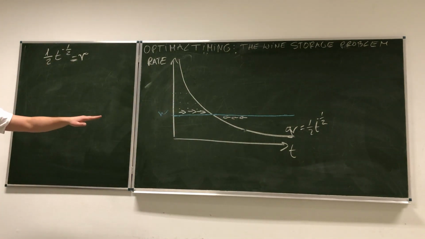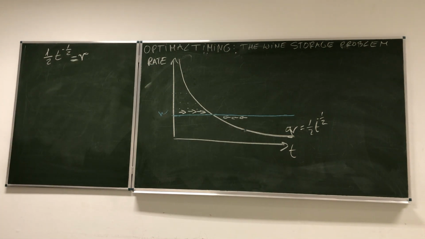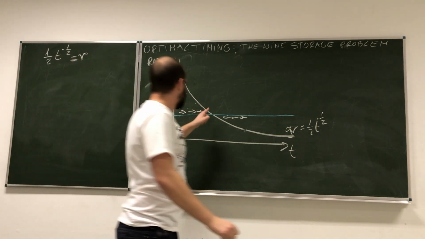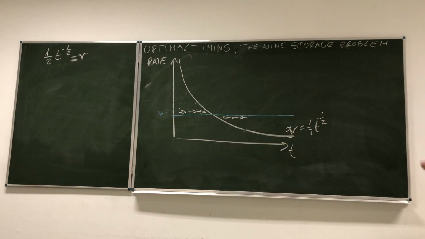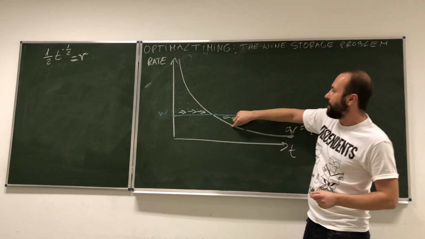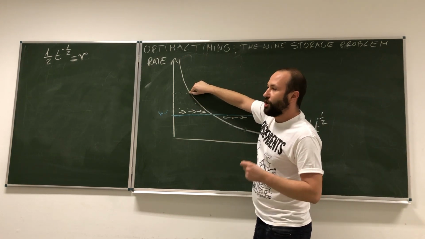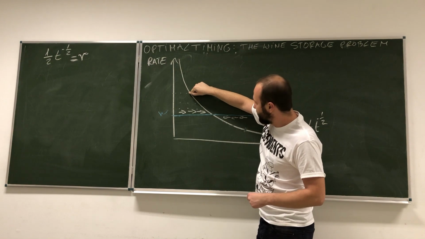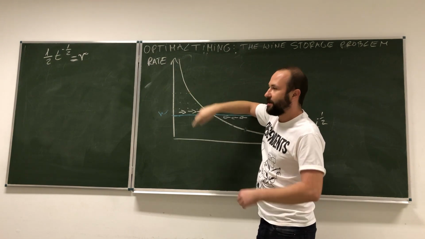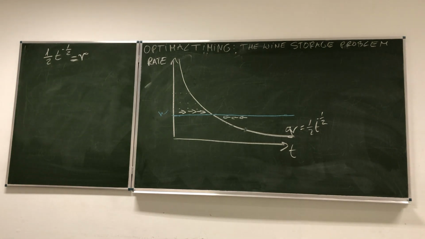And you see now, this is why here we have equality. This is the perfect moment at which to sell the wine. Because after this moment, you will be taking losses. And before this moment, you would be losing money by selling the wine too early because it still grows at a fast rate.